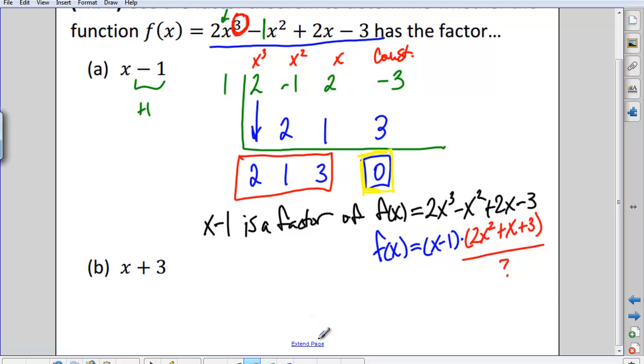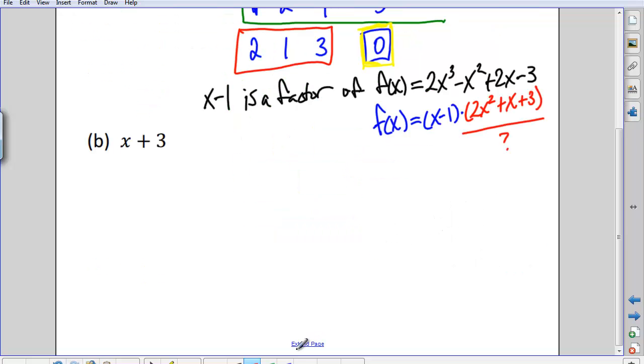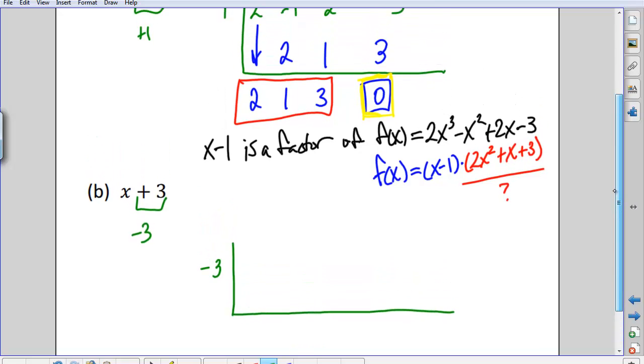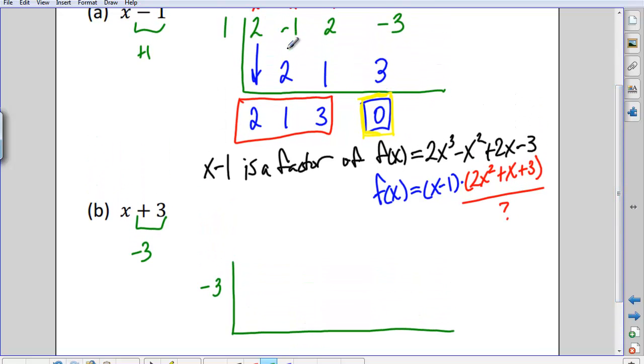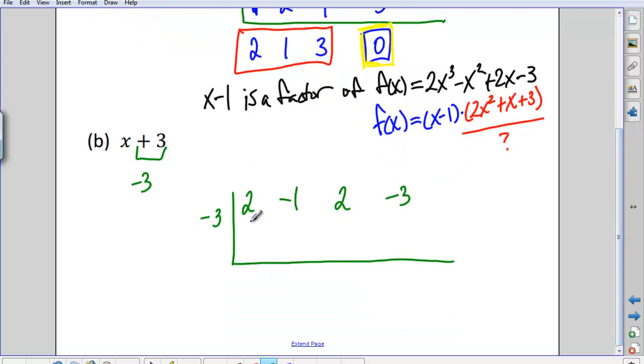We want to know if x plus 3 is a factor. So again, setting up the synthetic division, take the opposite of what's here, that's a minus 3. We're going to use the same coefficients, so that's a 2, negative 1, 2, negative 3. Okay, bring down the 2.